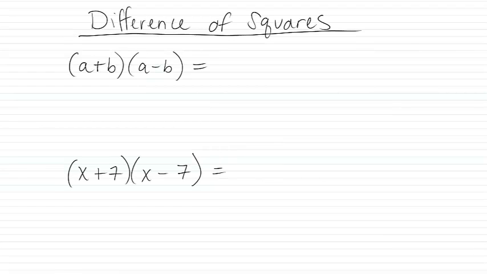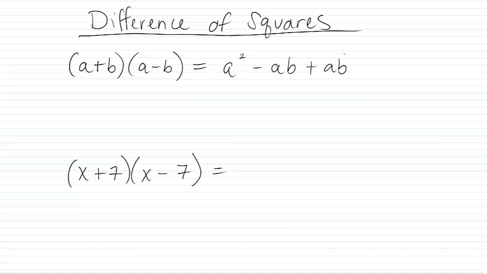You may recognize this pattern. If we do a plus b times a minus b, let's see what happens when we FOIL. So I'm going to do the first terms, a squared, the outside terms, so that gives me negative ab, the inside terms, plus ab, and then the last two terms, b times negative b, gives me negative b squared.